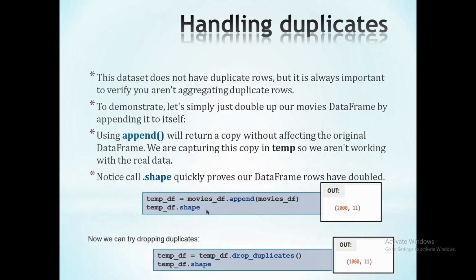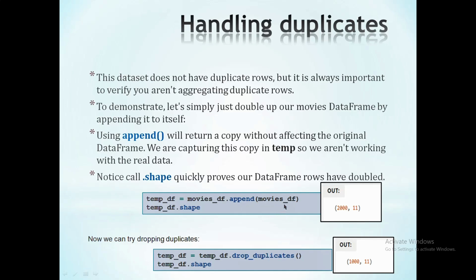We will copy the movies df to another temp df, so we are appending two movies data sets into a single data set. For that I am using the function append. Temp df is equal to movies df, which is an existing data frame, dot append movies data frame.